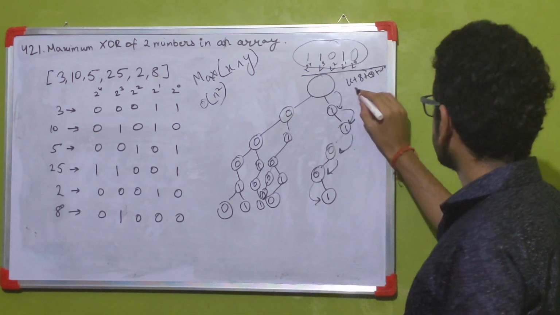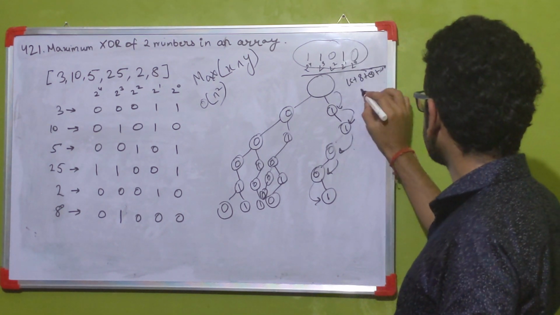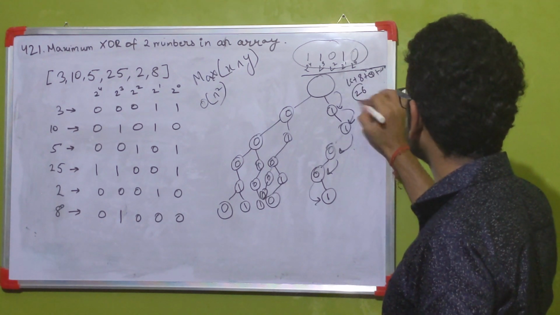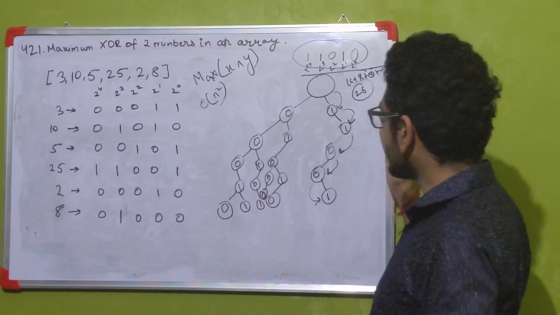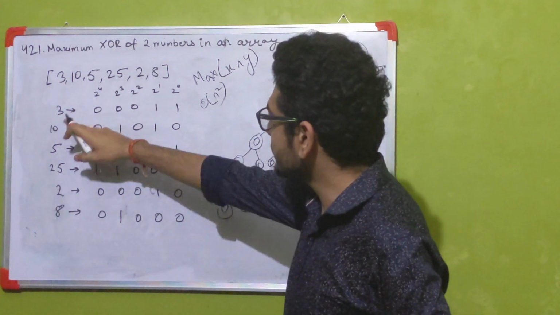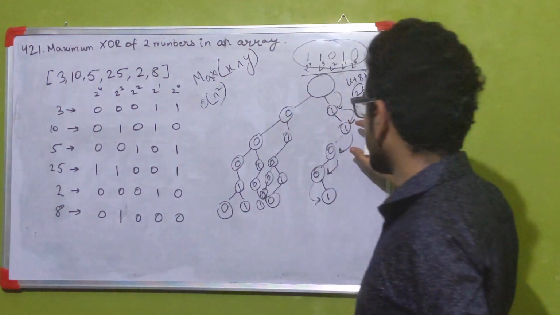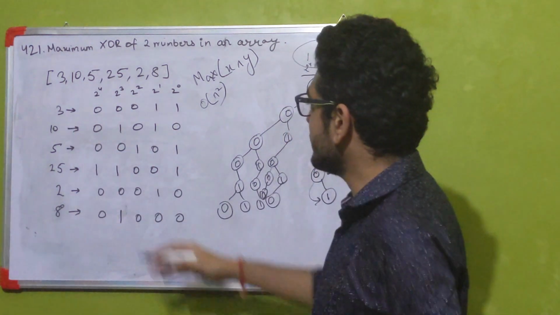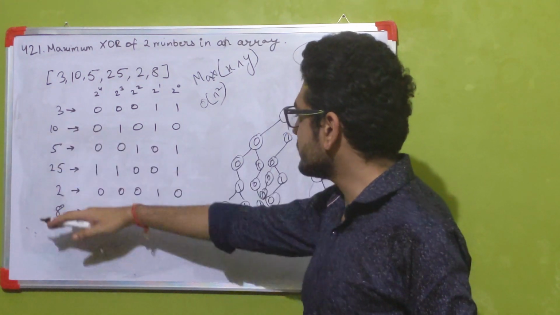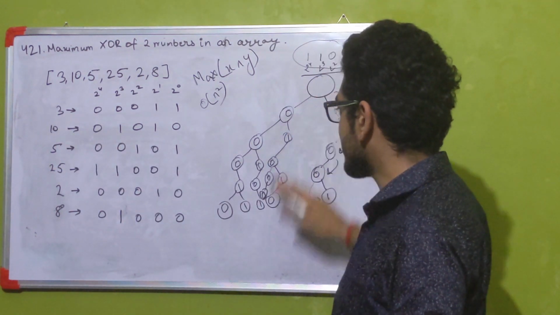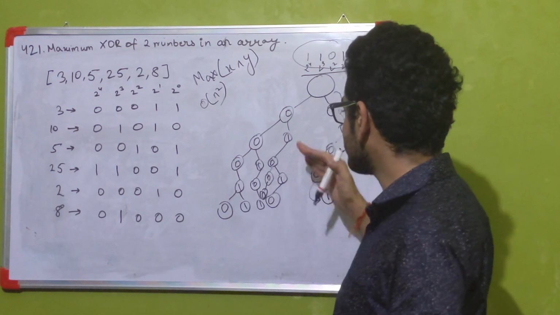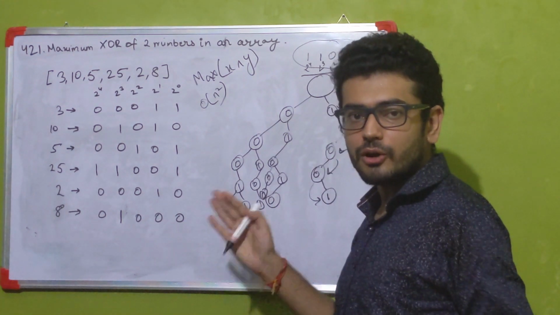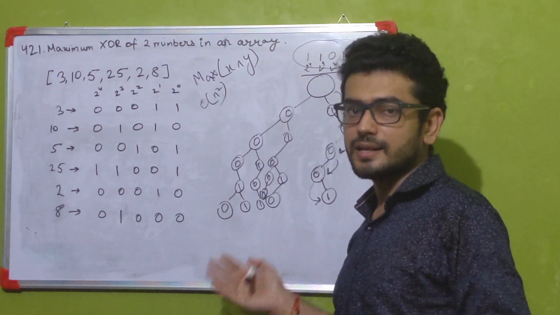So this makes it 16 plus 8, 24, 24 plus 2, 26. So the maximum XOR that can be obtained by pairing 3 with any of these numbers is 26. Similarly, we are going to iterate across all these numbers and try to find the maximum XOR for all of them in this tri-tree, and the maximum of all of them would give us the correct answer.